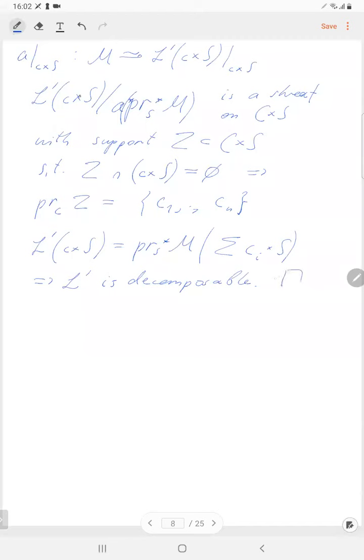Okay. So we proved this big theorem. Congratulations.